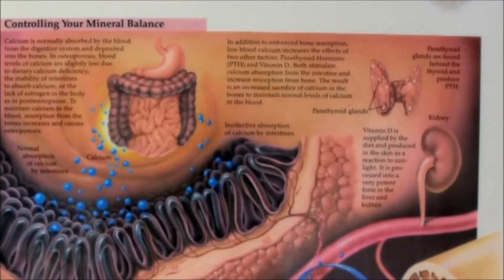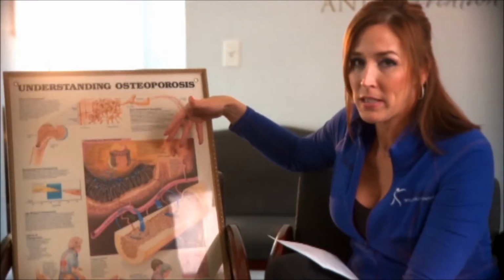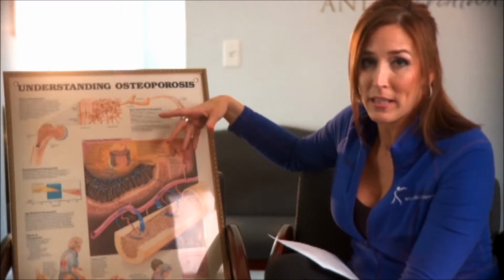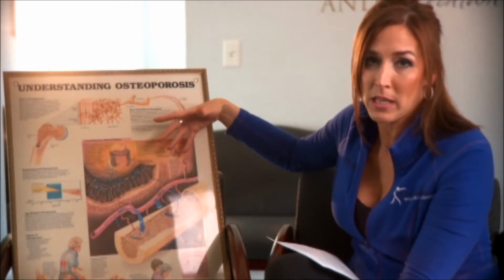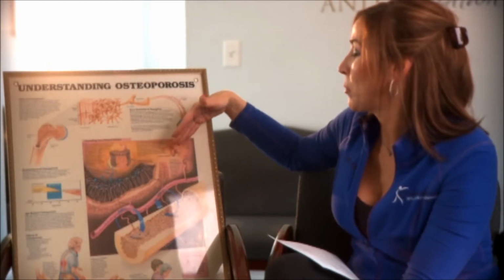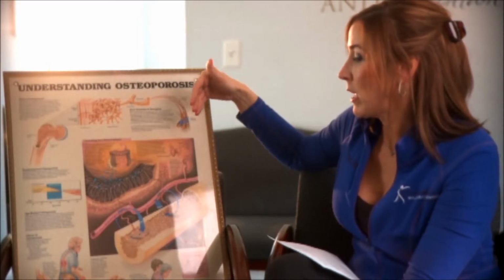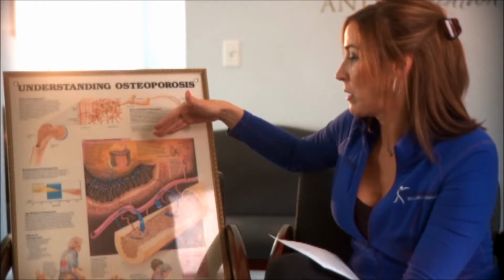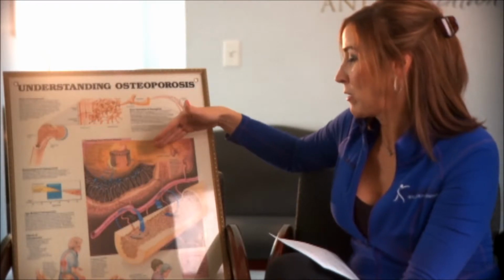Another very important part is vitamin D. We live in a climate where vitamin D is very deficient, meaning we don't have a lot of sun, so most of us are deficient in vitamin D. Vitamin D also plays an extremely important role in the absorption of calcium. So you have a couple of very important things, coupled with risk factors.